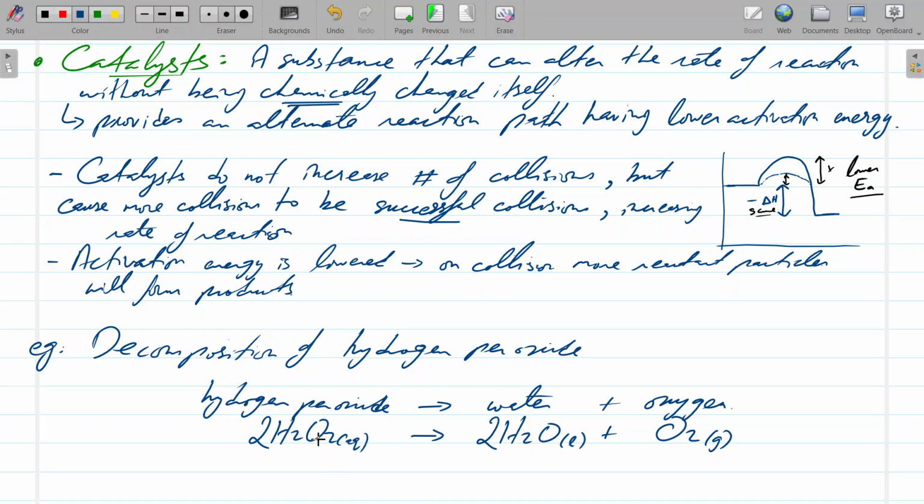You've got 4 oxygens here, 2 and 2, that makes 4. So it is balanced.